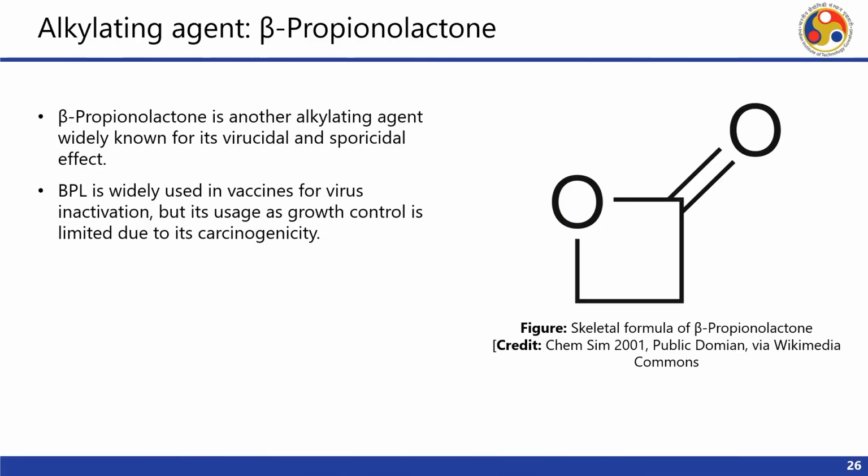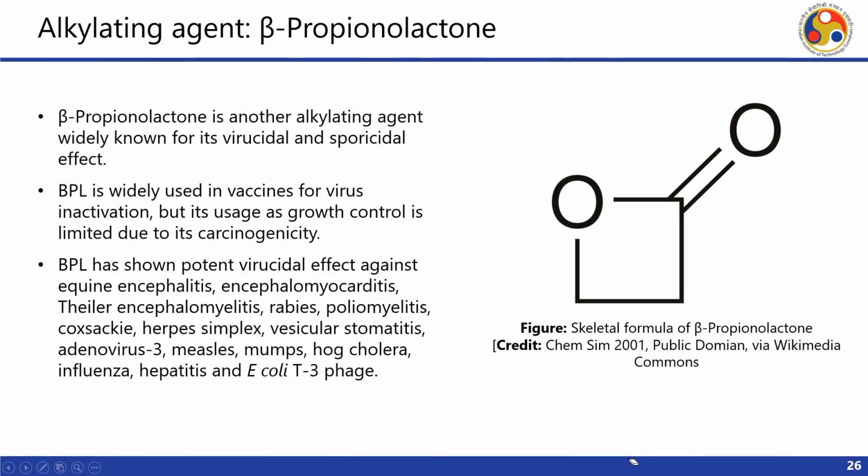Let us now discuss another alkylating agent which is briefly known as BPL or beta propiolactone. BPL is widely known for its virucidal and sporicidal effects. It is used in vaccines for virus inactivation, but its usage as a growth control is limited due to its carcinogenicity. You can see here the skeletal formula of BPL in this picture.